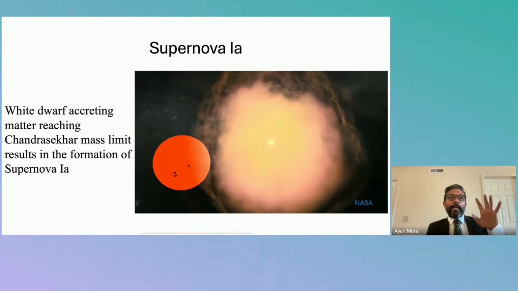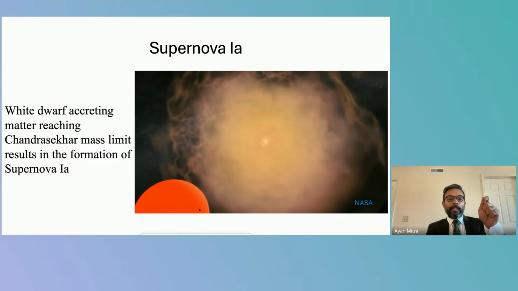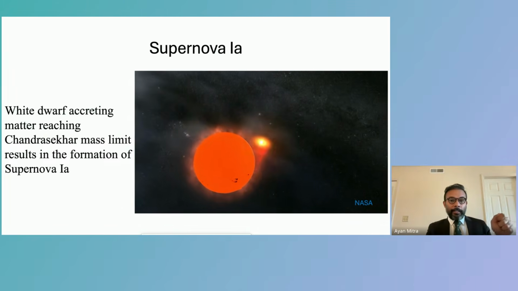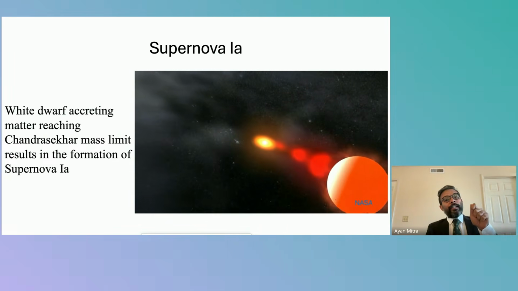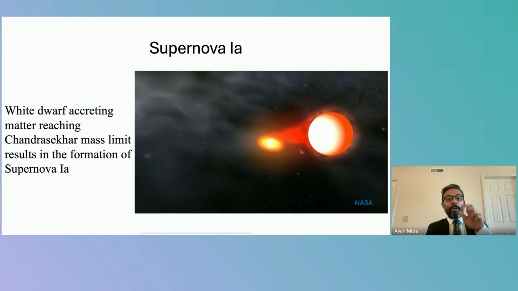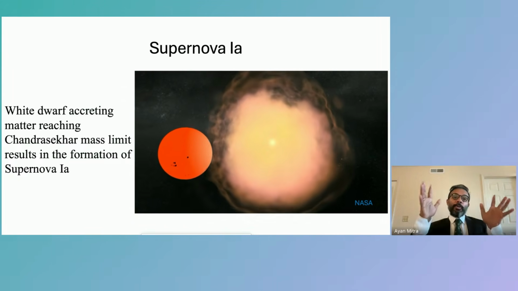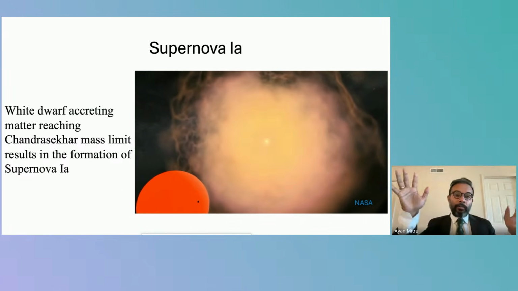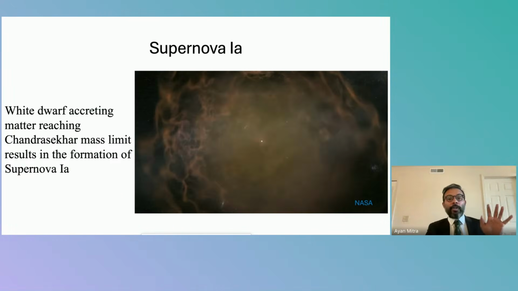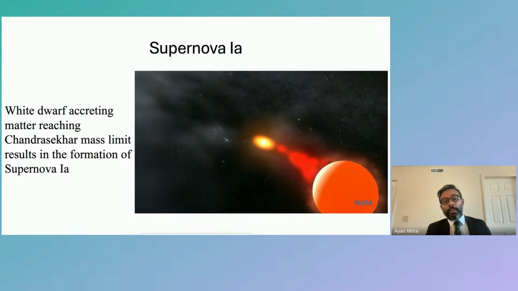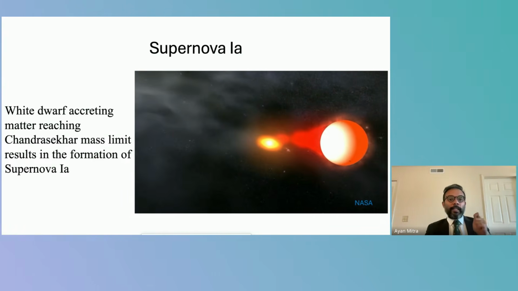Imagine a football is a star and the football ground is a galaxy. One of those stars, or footballs, bursts out and forms a supernova. At the moment of bursting, it becomes brighter than the entire football stadium. That's how bright a supernova 1A becomes at its time of birth. So it's a very special cosmic event.